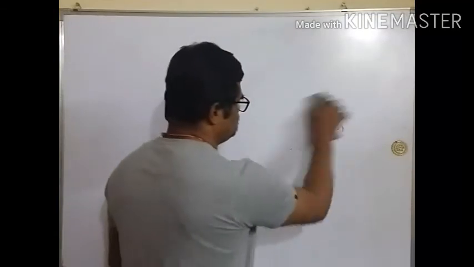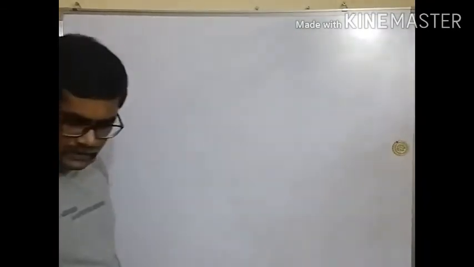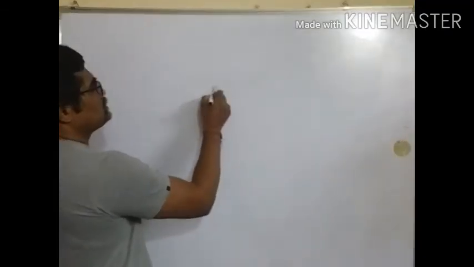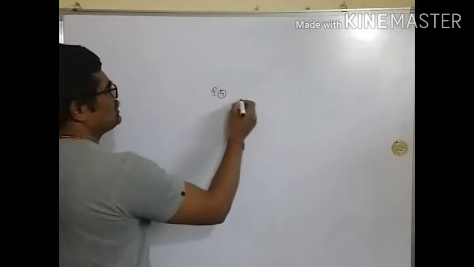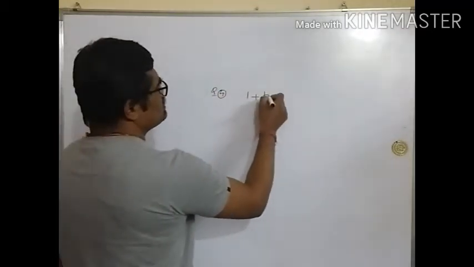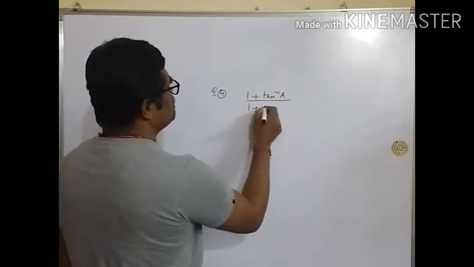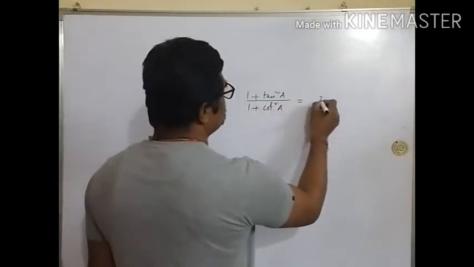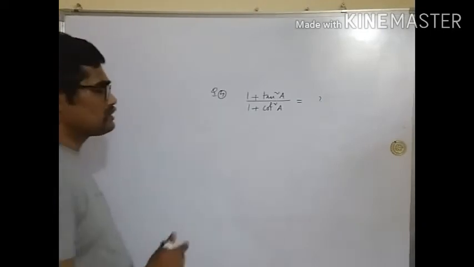So similarly for other identities, you can do it. Now you see, you may be given many options for this question number, perhaps 4 this time. Say (1 plus tan square a) divided by (1 plus cot square a) equal to, right, equal to, they might be giving you some options.